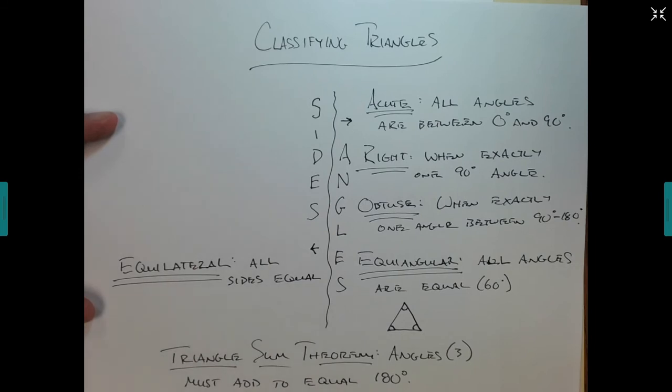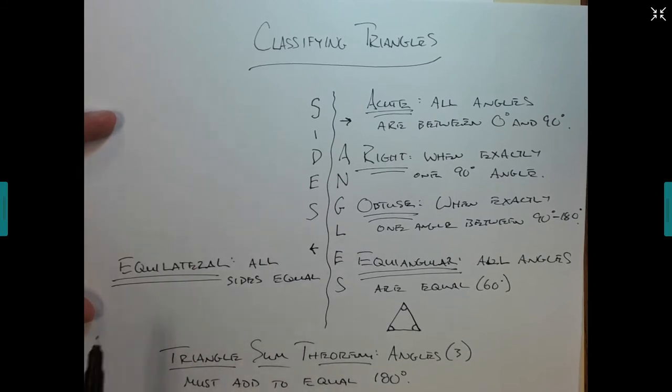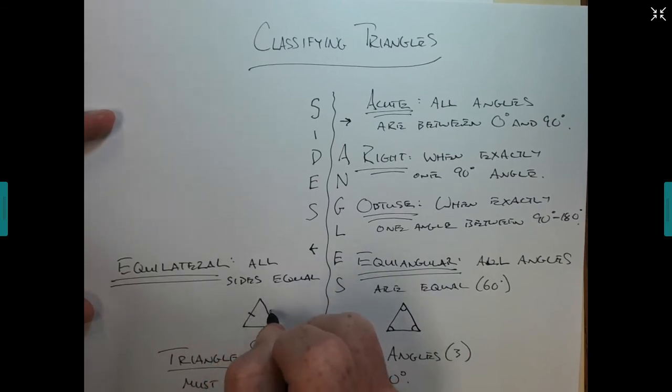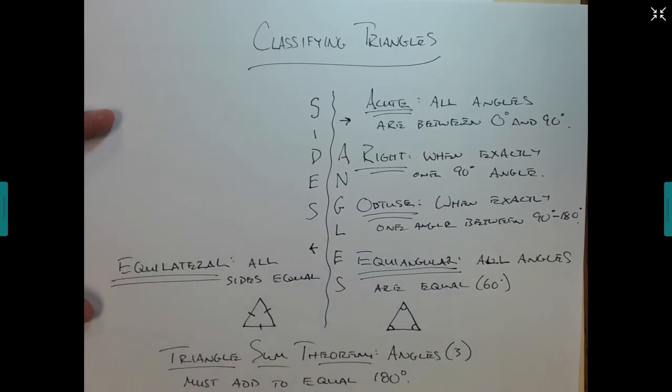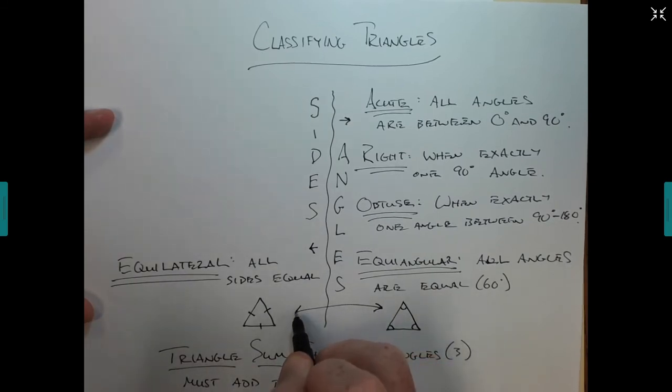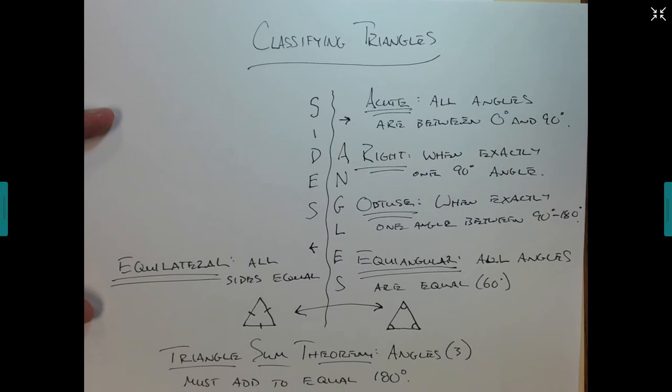And the cool part about triangles is the only shape that if I have an equilateral triangle, I know that I also have an equiangular triangle. It's the only shape where if you have one, you got to have the other.